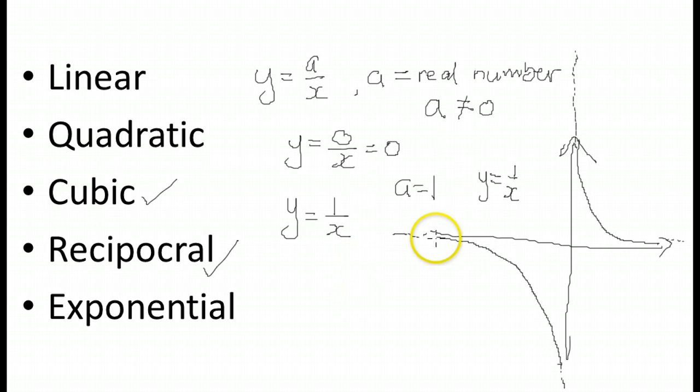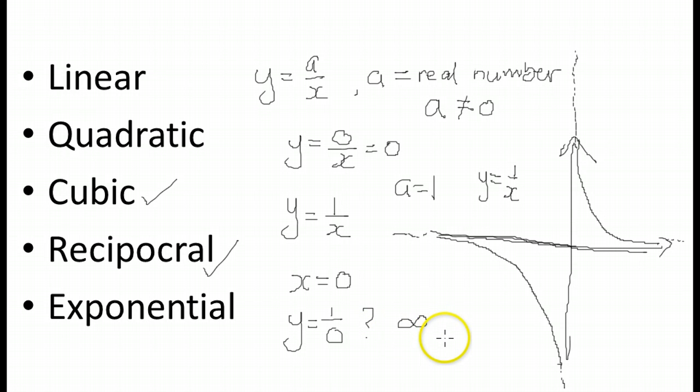Do you know why it will never touch the axis? If it touches the axis, it will mean that x will be 0. But if x is 0, y will be 1 over 0. And what's 1 over 0? Yes, it will be infinity.